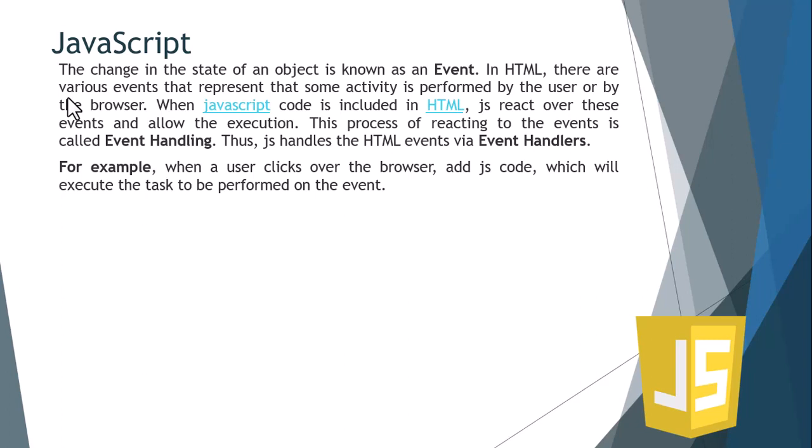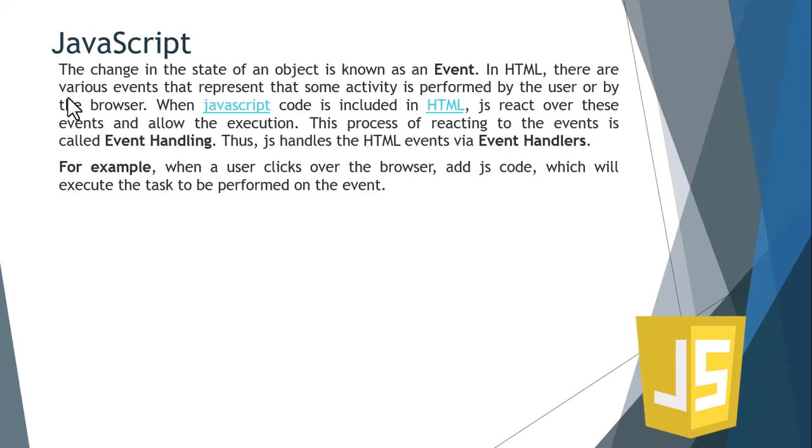When JavaScript code is included in HTML, the JS reacts over this event and allows the execution. This process of reacting to the event is called event handling. Thus JS handles the HTML event via the event handler.